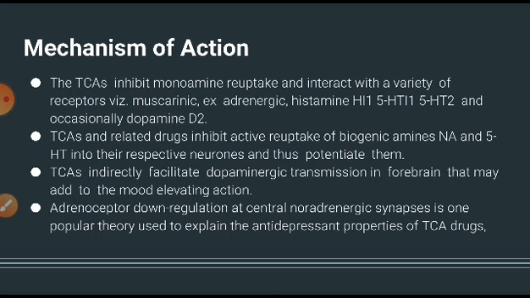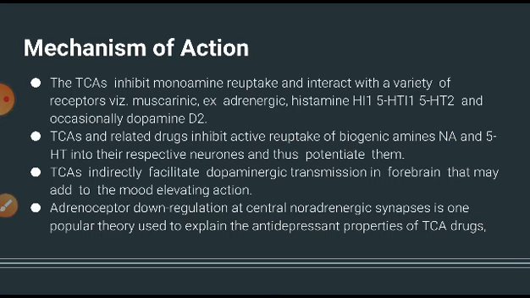For example, muscarinic, adrenergic, histamine receptors like H1, serotonin receptors like 5-HT1, 5-HT2, and occasionally dopamine D2 receptor. It means these drugs have the possibility to interact with a variety of receptors, and that's why a variety of effects can be produced.